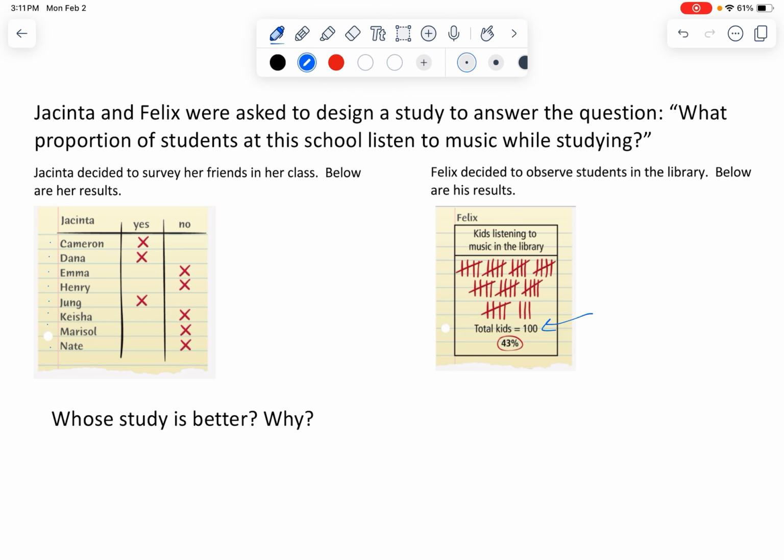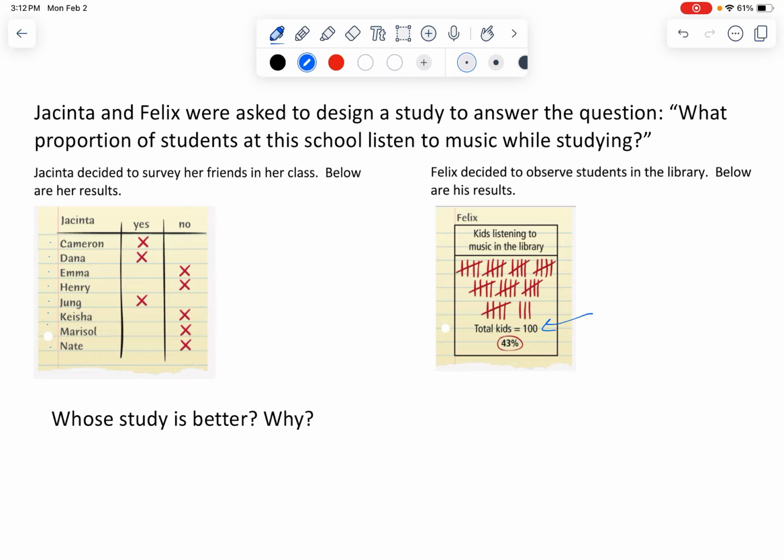So whose study is better? Why? Well, if you look at this, you could definitely say Felix has taken into account more students. He's observed more students. He also didn't ask them, he just observed. And the people that he observed, he may or may not know.